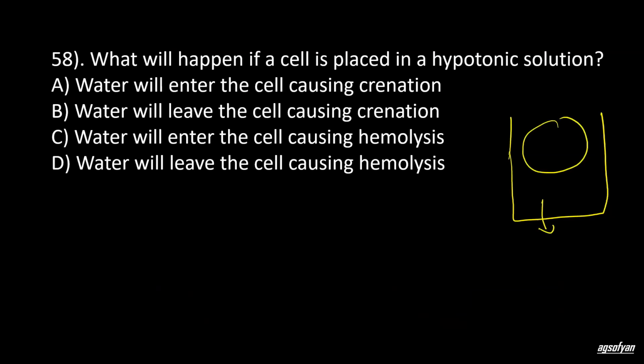So let's say the cell has 0.9% and the hypotonic solution doesn't have anything, so 0%. What happens? The water will enter into the cell and the cell becomes bigger. This is called hemolysis. So water will enter the cell, causing hemolysis.